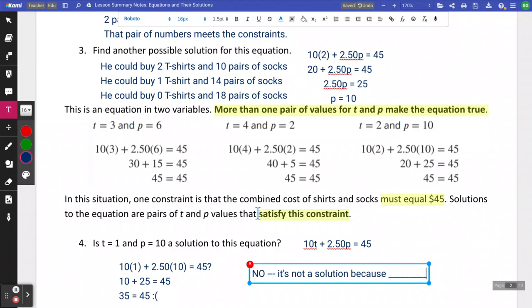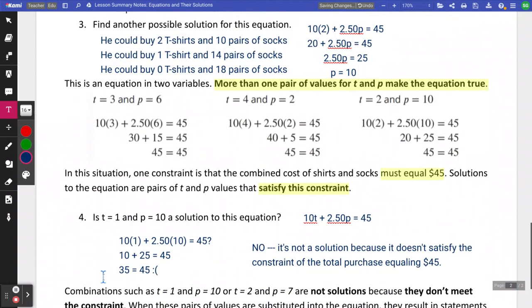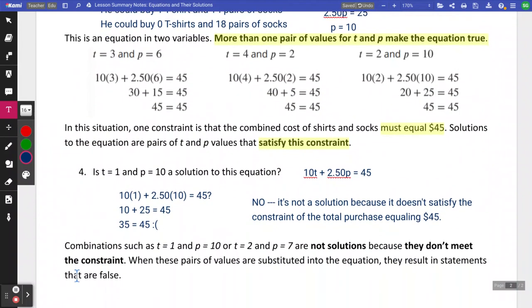But the key idea is this right here. It's because it doesn't satisfy the constraint. It doesn't meet the requirements that we have for this problem. It doesn't satisfy the constraint of the total purchase equaling $45, which is what it's going to say down here.